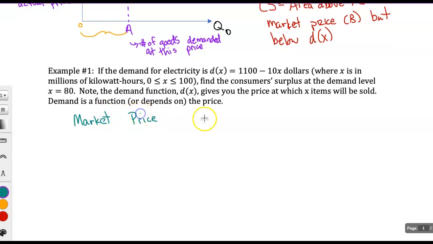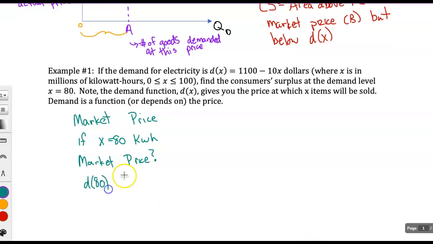Well, the market price is going to be the demand curve evaluated at 80. So if X equals 80 kilowatt hours, what is the market price? How much are consumers willing to pay? So we would do D of 80.